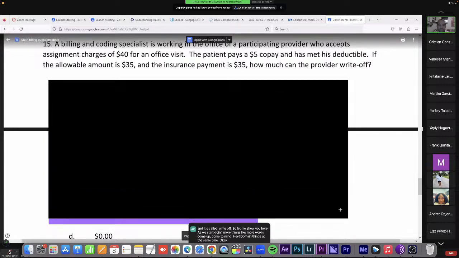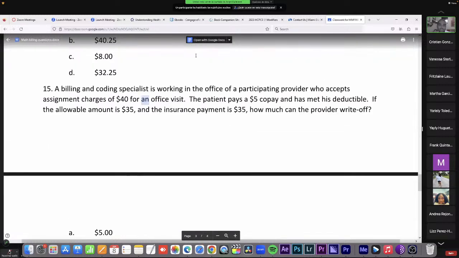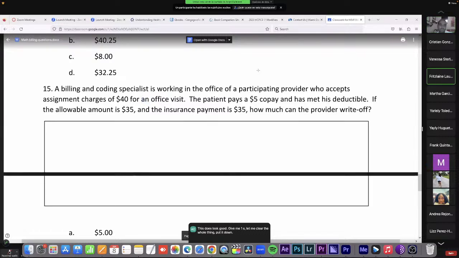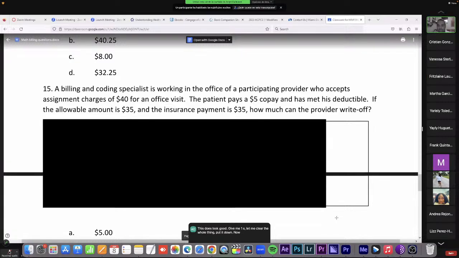You can see that better. Okay, so this doesn't look good. Give me 1 second. Let me clear the whole thing, put it down, just put my black thing here so I can write. Okay, now I got it.